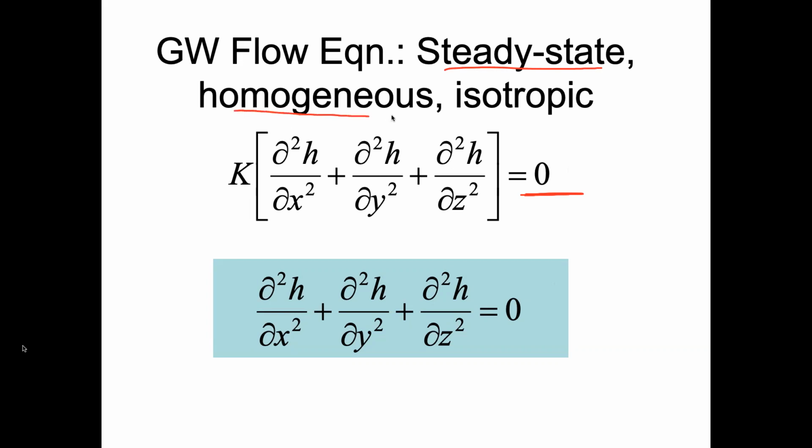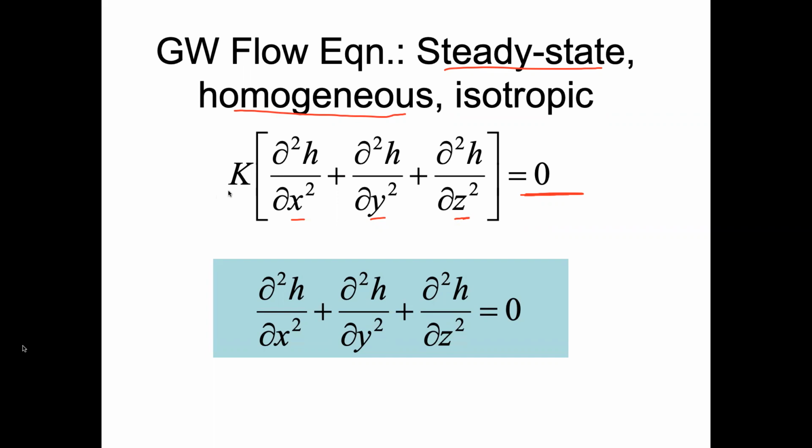Our homogeneous condition means that no matter where we move in the X, the Y, and the Z direction, our system is the same in terms of the distribution of the material. So you're all within the same shale, or you're all within the same sand.